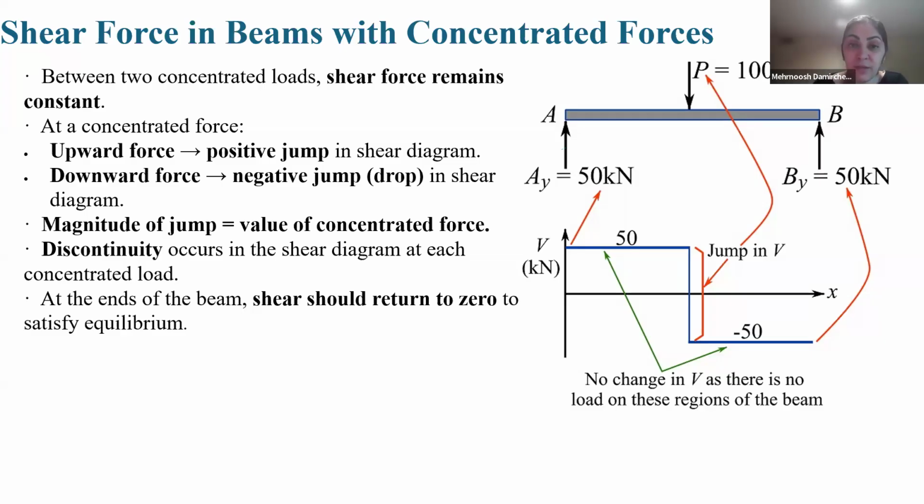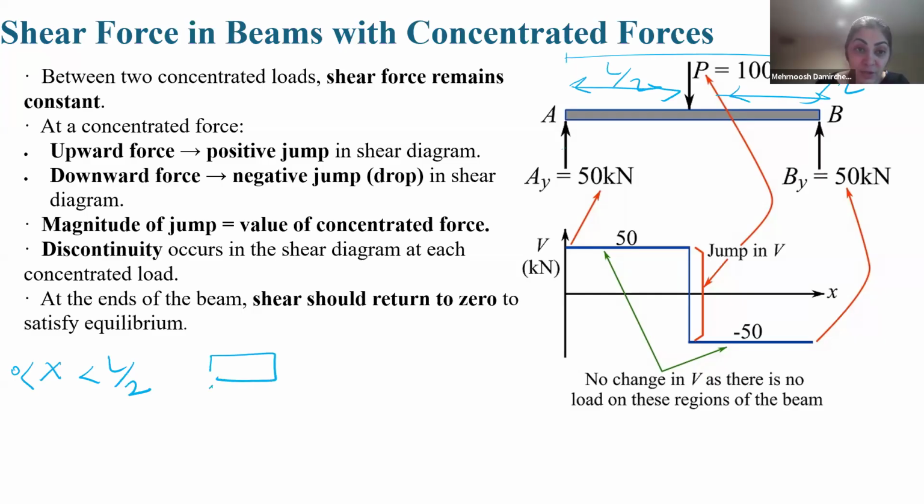So here, if this is L, for example, it is half L, and it is half L. How many regions should we consider? Two regions. So X between 0 and L/2. Here it is an imaginary cut. Ay.